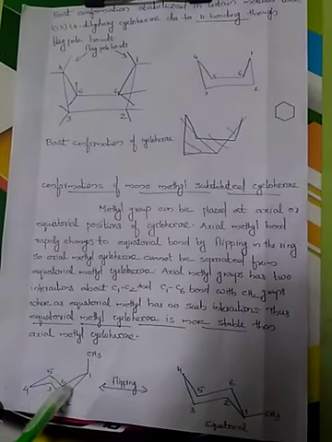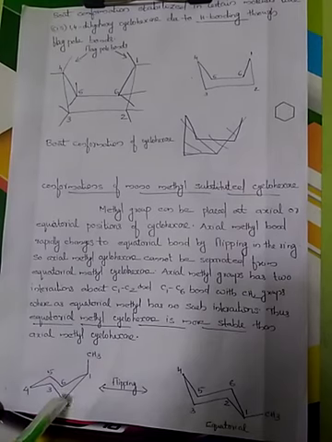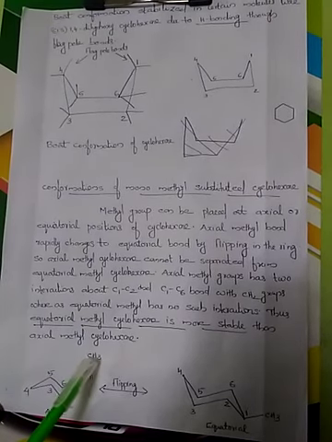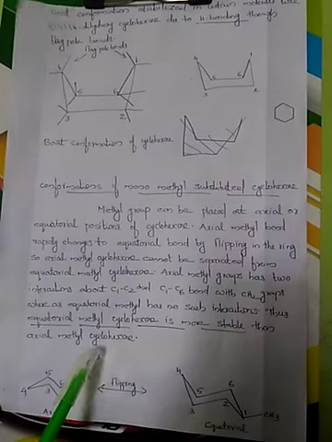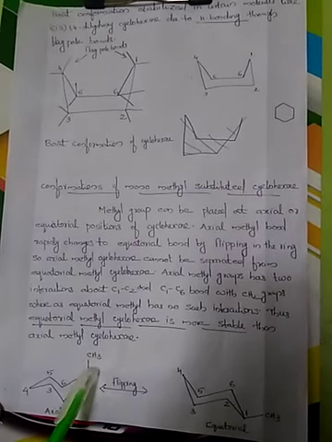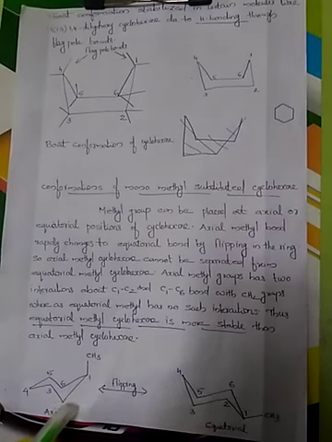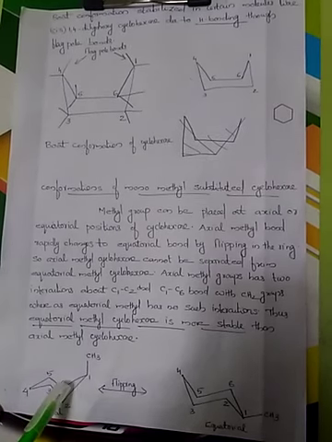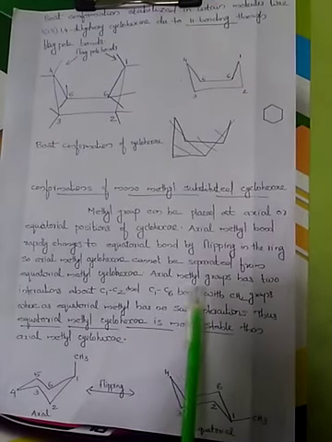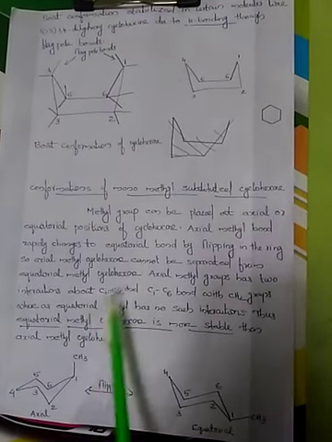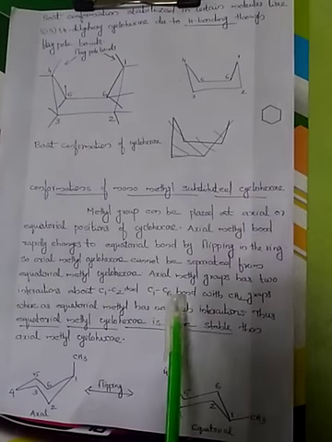Here one CH2 is here, one CH2 is here. So this CH3 methyl group comes in the axial position. It can interact with the CH2 of second carbon atom and sixth carbon atom. That is, axial methyl group has two interactions about the C1, C2 and C1, C6 bonds with the CH2 groups.